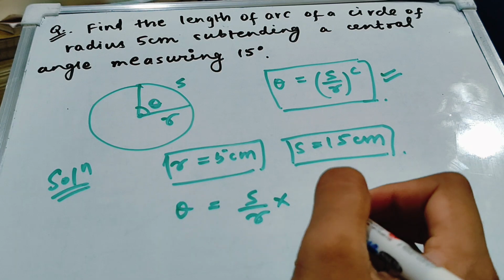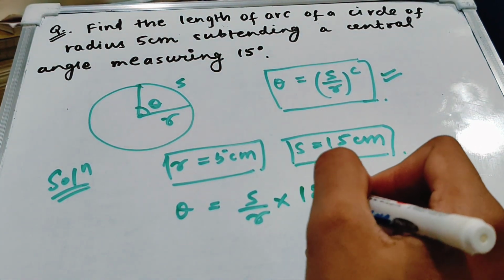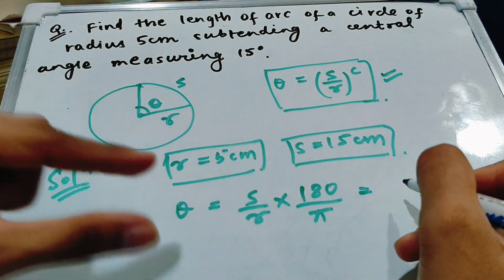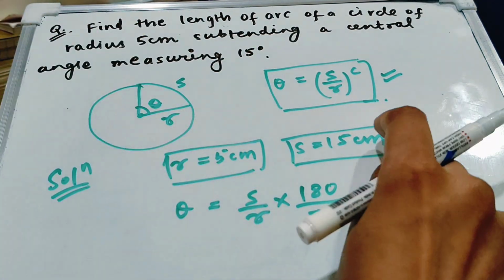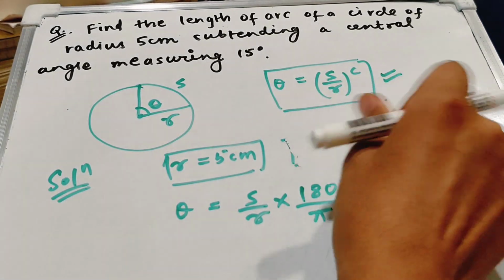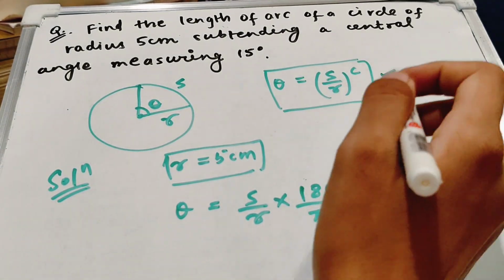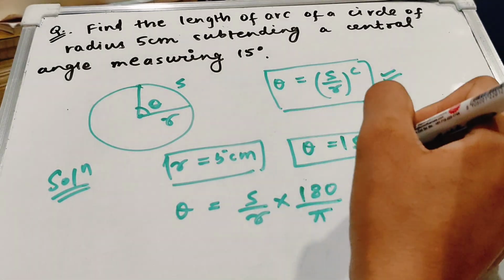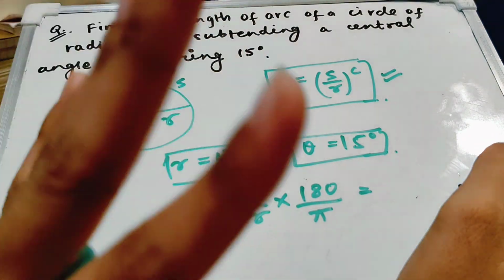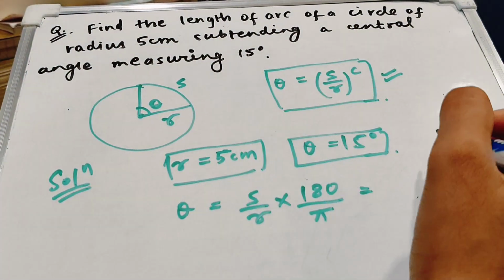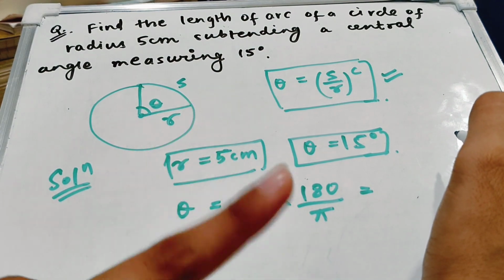So now you know we have to multiply it with 180 by pi. Now I can put these values as they are in, this is theta 15 degree, so it is in degrees. So now I can put its value.